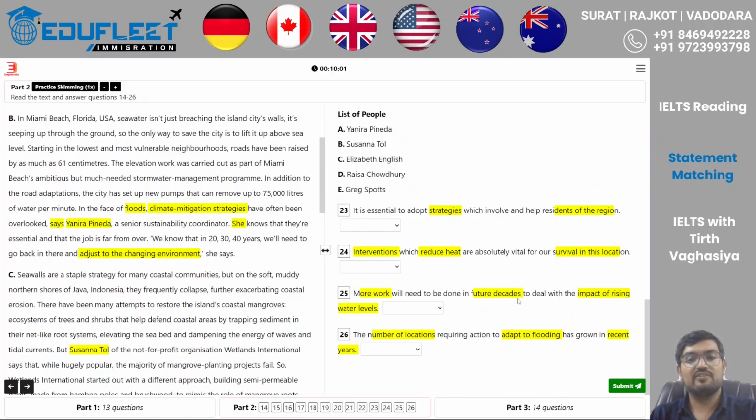So future decades is going to be the one. More work will need to be done in the future to deal with the impact of rising water level. So this seems to be the correct answer. Now, this is just my assumption. If we find any other suitable answer, then you have to change it. So as of now, I'm putting it as A. Okay.